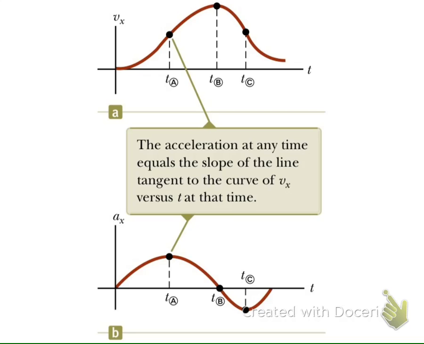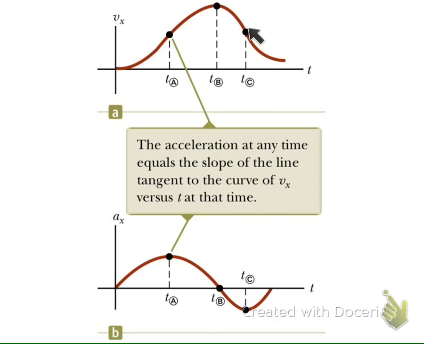And finally, at time Tc, the acceleration reaches its minimum value. So when we look at the slope of the VT diagram, in this part the acceleration decreased, but after Tc it increased.